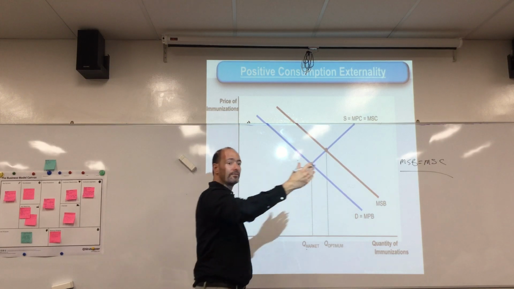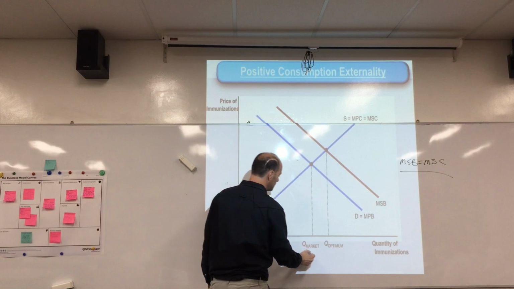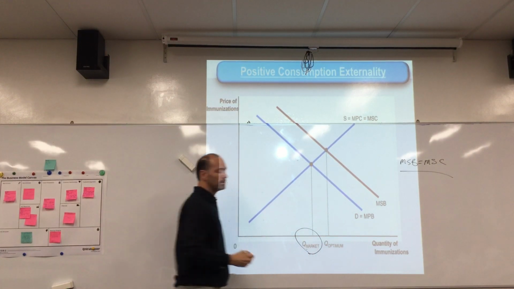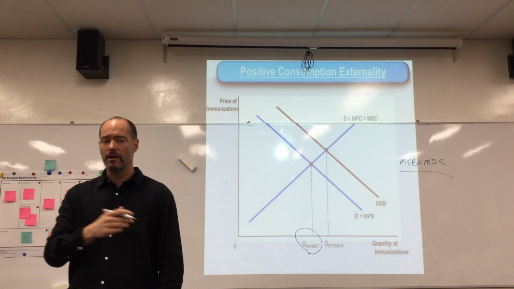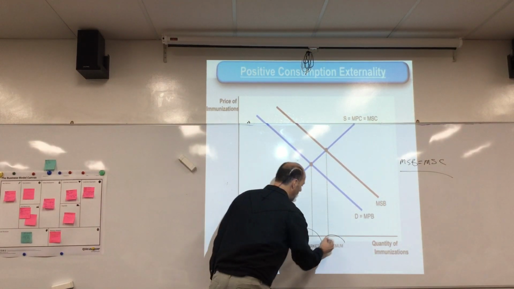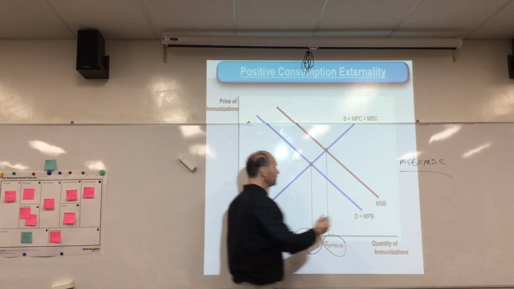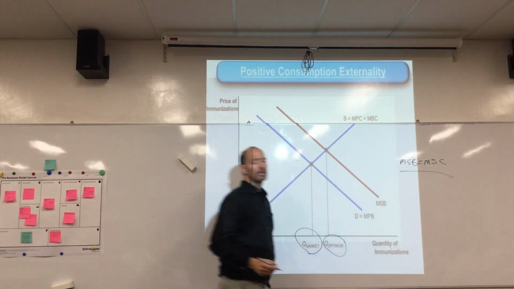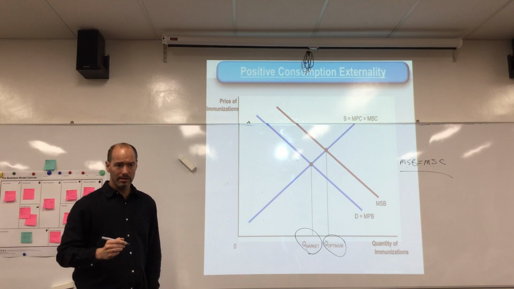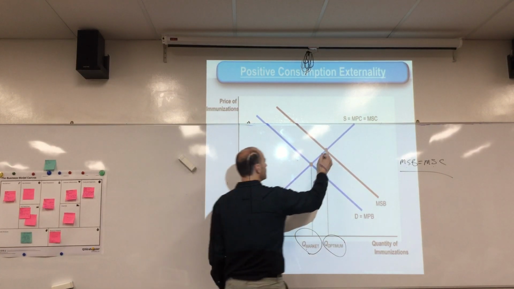So if the market is left to its own devices, the amount of immunizations produced and consumed at Q market there will be less than the optimal amount of immunizations at Q optimum, where the marginal social benefit and the marginal social cost are equal. So then you get this deadweight loss.